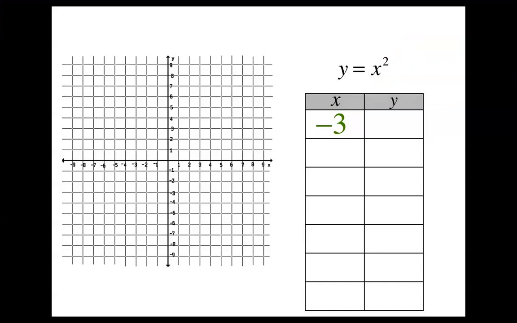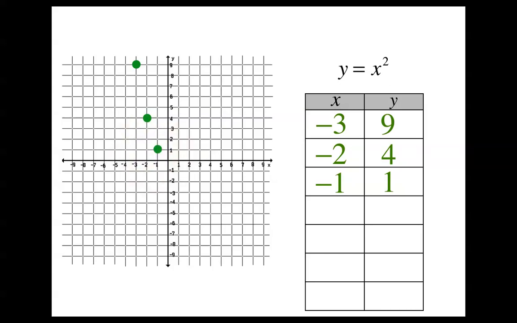Oh, it comes out to positive 9, because a negative times a negative makes a positive. And if we do the same thing with the negative 2, oh yeah, by the way, there's a little dot, negative 3 comma 9. If we do the same thing with a negative 2, then a negative 2 times a negative 2 is a positive 4. And then if we do the same thing with a negative 1, negative 1 times negative 1 is positive 1. You can check these on a calculator if you want to. So I'll put a dot at negative 1 comma 1.